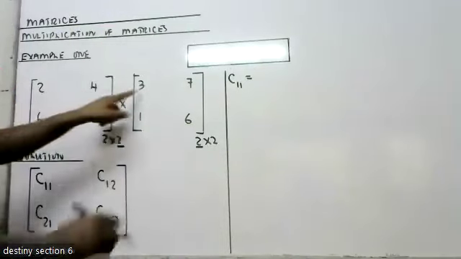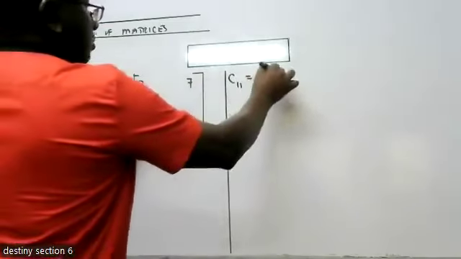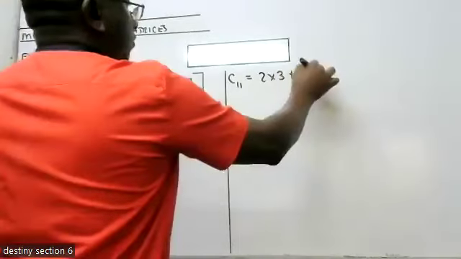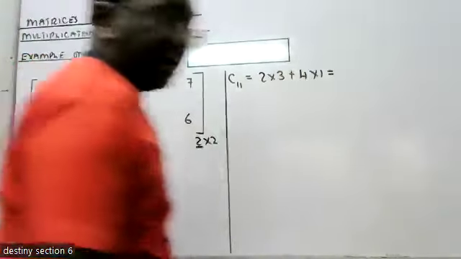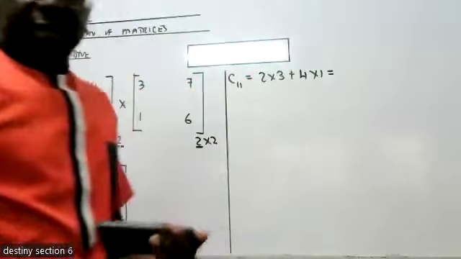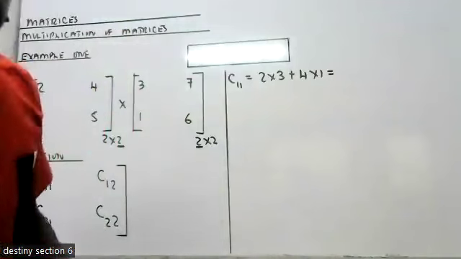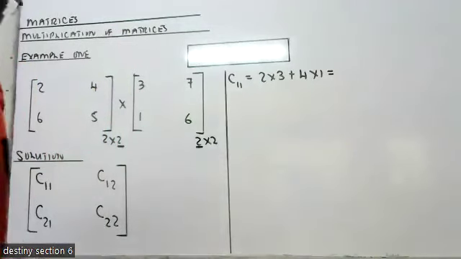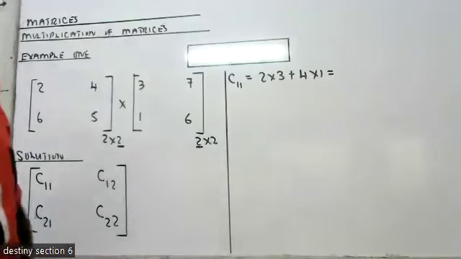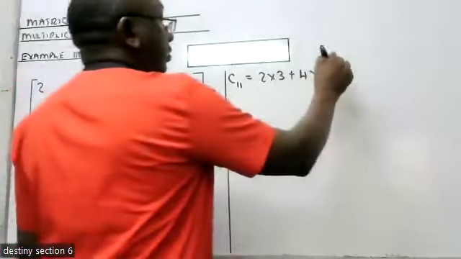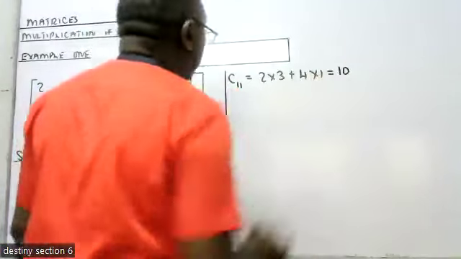So we say 2 times 3 plus 4 times 1. Give me the answer and be fast. That is 2 times 3 plus 4 times 1. Give me the answer. 10. 10, good. So this is equal to 10.